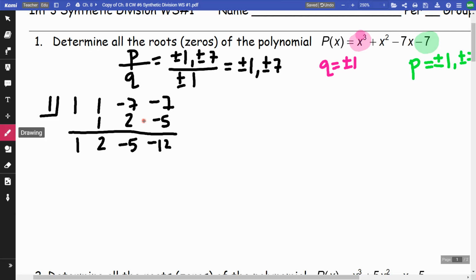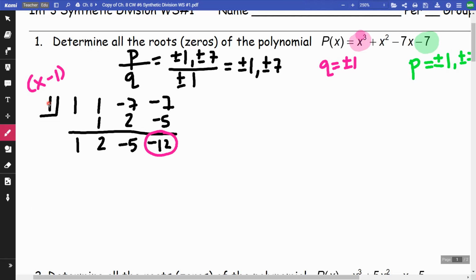This last number is our remainder. I want my remainder to be 0, which means I found a factor. In this case, when I put a 1 here, I was really dividing by x minus 1, because 1 makes x minus 1 equal 0.